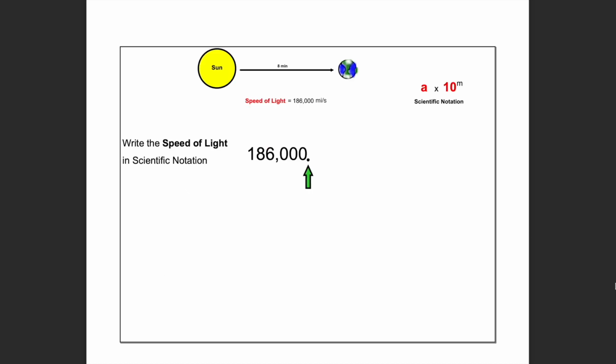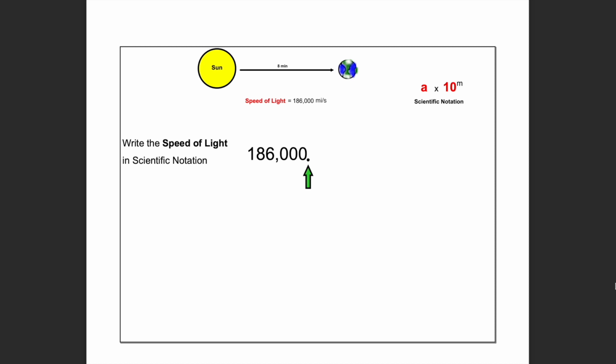All right, now we go back to our speed of light example. 186,000 miles per second. So 186,000 doesn't have a decimal point that you usually see, so it just ends up at the end of the number. We have the green arrow pointing at where the decimal point would be, at the end of the number. To convert that into scientific notation, we need a number that is between 1 and 10.